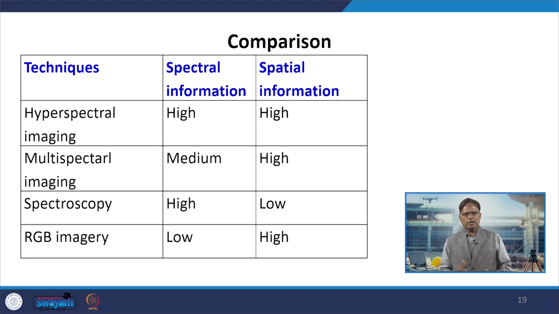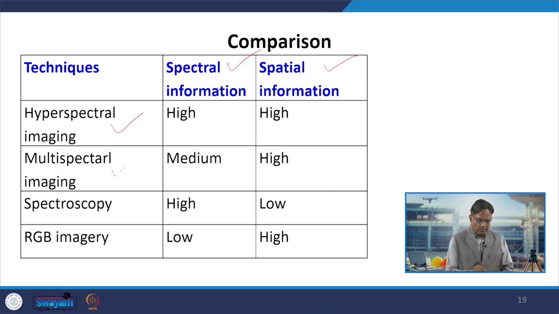Now, if we compare spectral information and spatial information available from various photogrammetric data sources, in hyperspectral imaging the spectral information is very high and the spatial information is very high. That means this particular data is very useful to us in several applications.